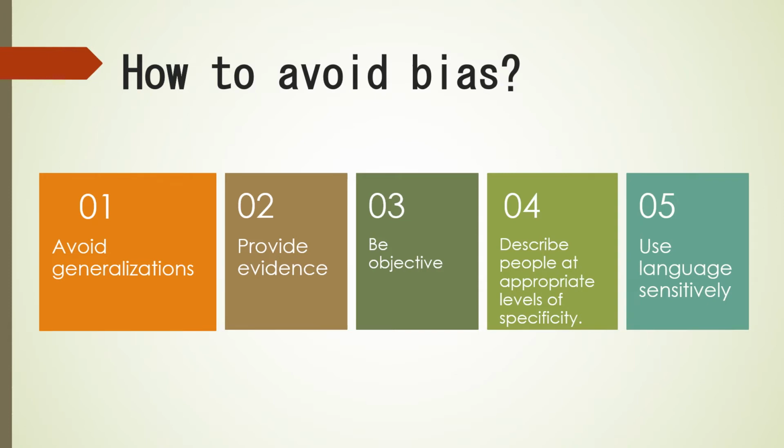Base your opinions on facts rather than personal feelings. Number four, describe people at appropriate levels of specificity. When you refer to a person or persons, choose words that are accurate, clear, and free from bias. Be careful about words whose use may intentionally or not insult or offend some people.